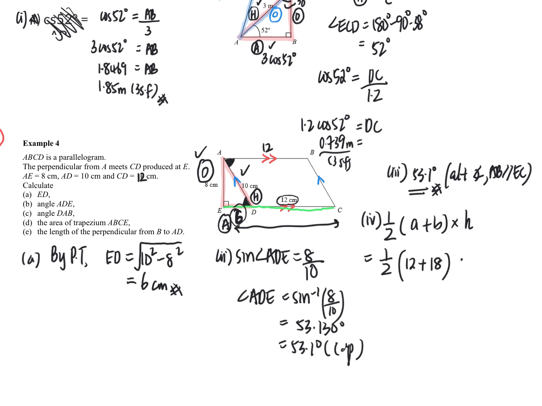Okay, times the perpendicular height between the two parallel lines, which is 8. So don't choose the wrong one. In Sec 2, some of you may choose the 10. So that is not the parallel side. Must be the one perpendicular to the two parallel sides. So final answer? 120 cm squared. So that's the trapezium.